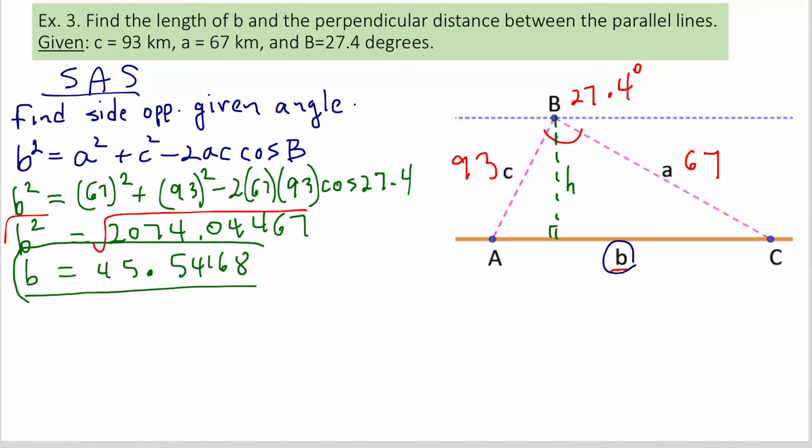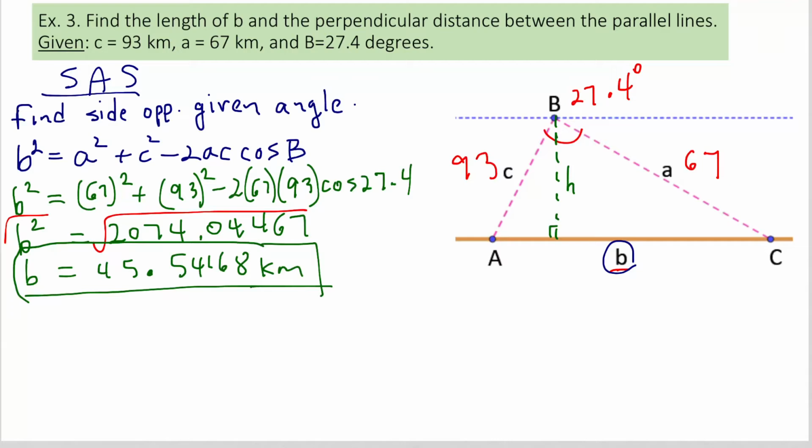This would be in kilometers. When I took the square root, I get 45.5 and some other digits, and I'm going to keep them all. Now that answers the first part of the question: find the length of B.